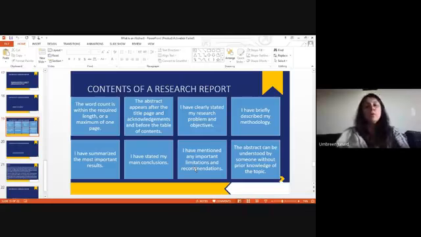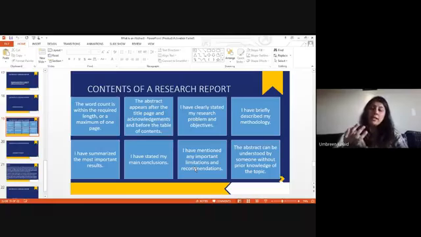This is something that you will finally check when you will be composing your research report. I have clearly stated my research problem and objectives. These are the four points that we discussed in the previous slides, the four important things to be added: the research problem and objectives, the methodology, the findings, and the conclusions. So now you are going to check the content of the abstract.